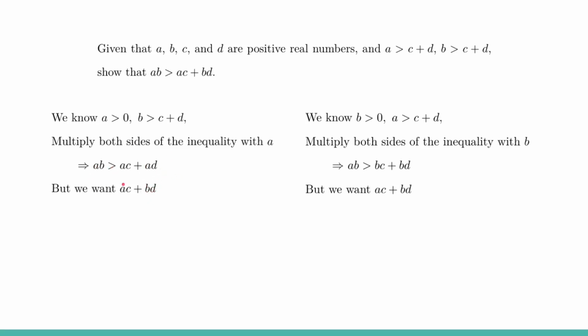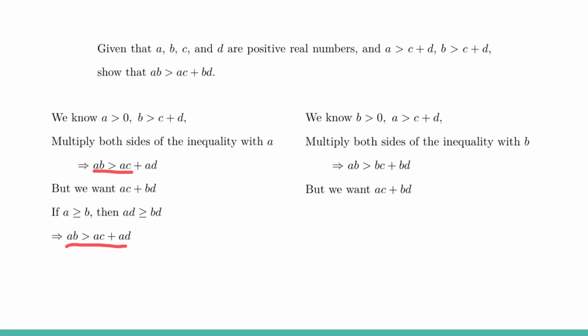So let's just look at the case on the left. Now we would realize that if A is greater than or equal to B, we would be very happy because then we can establish a relationship between the terms we want to change. And in this case, AD would be greater than or equal to BD. And what this means is that we already have AB is greater than AC plus AD, right?